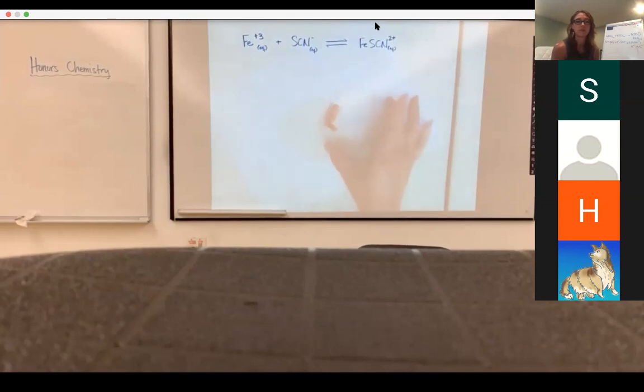And I'll go ahead and give it another spoon. Just a little bit more iron nitrate actually. You can see the effects of shifting equilibrium.